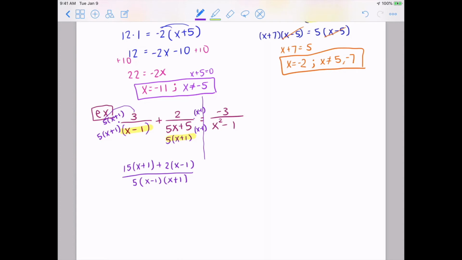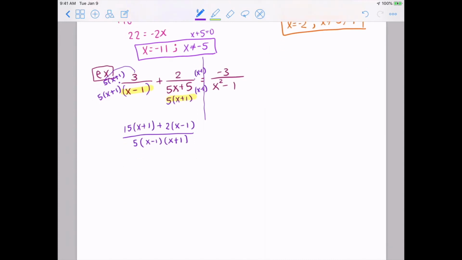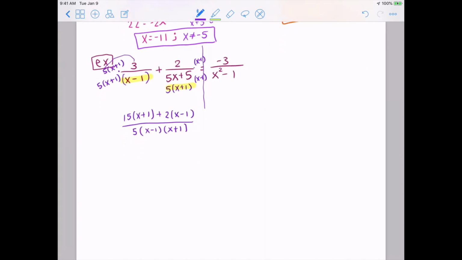Okay, and let's keep multiplying. 15 times each of that, 2 times each of that, we get 15x plus 15 plus 2x minus 2, over. Let's just keep the denominator like this first. Let's not multiply it in because maybe we can cancel out something.